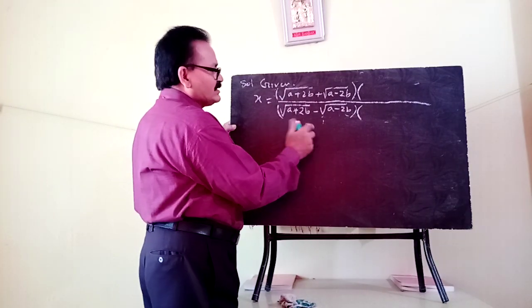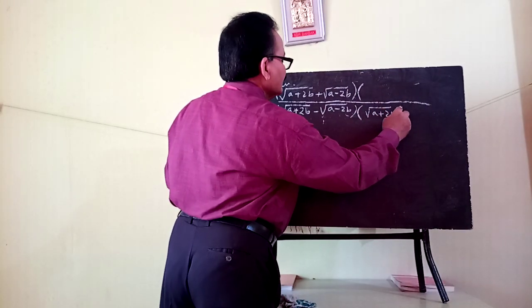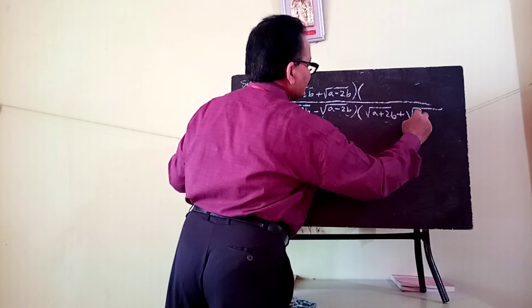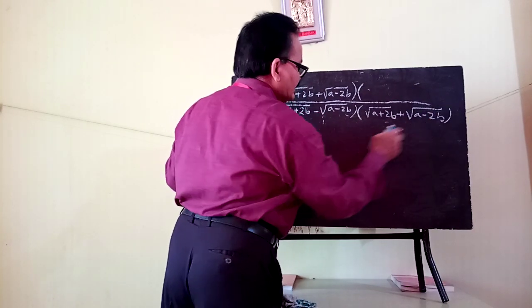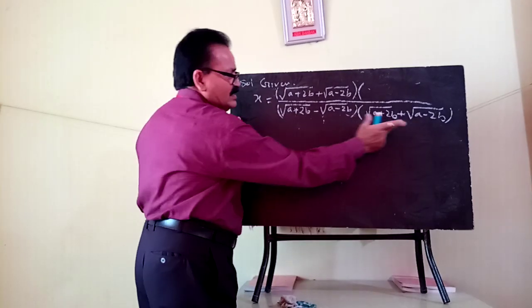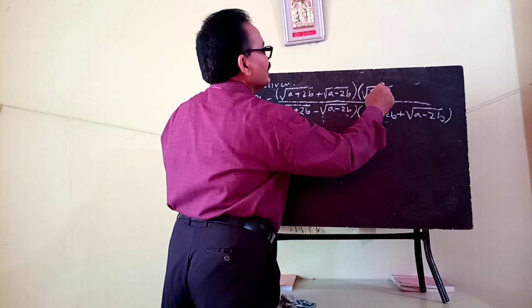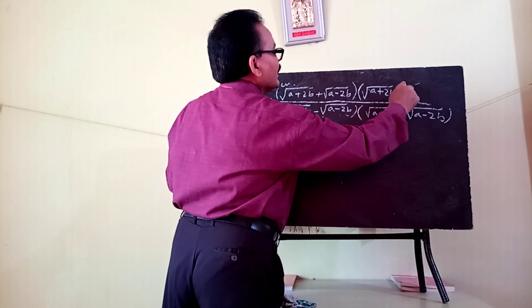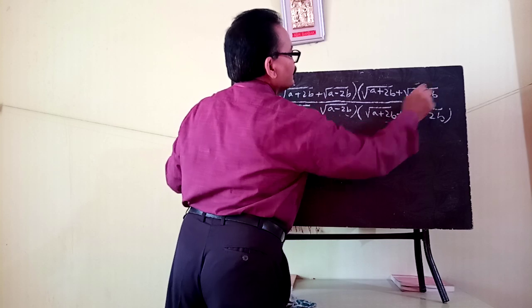Here the rationalizing factor is square root of a plus 2b plus square root of a minus 2b, and because a minus b is given, you are multiplying a plus b. So square root of a plus 2b plus square root of a minus 2b.